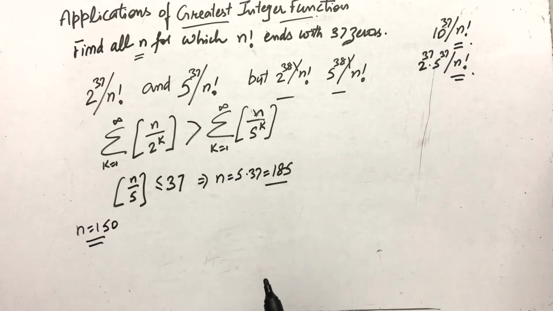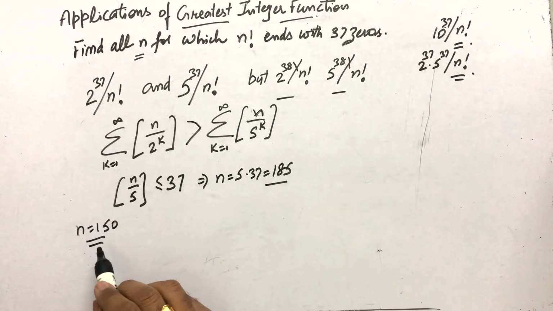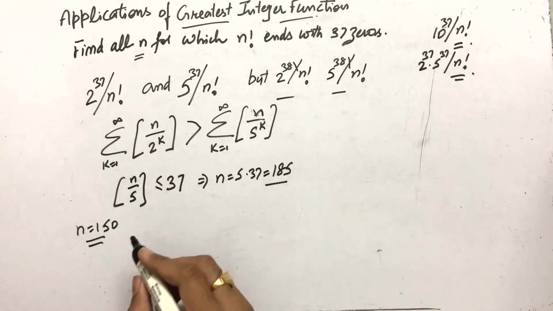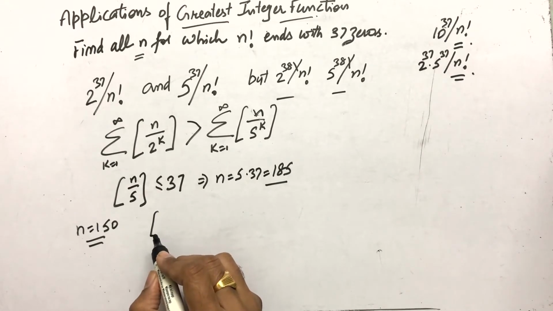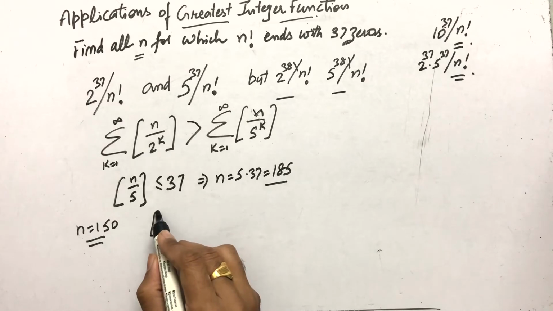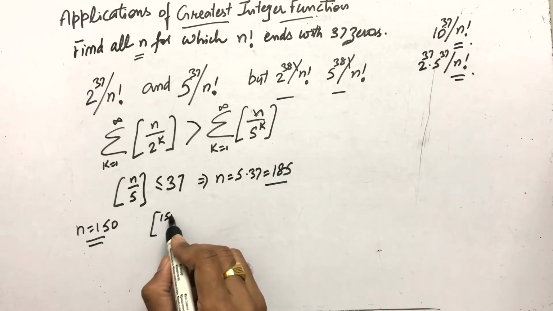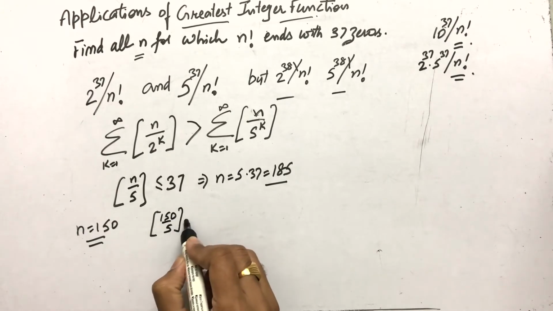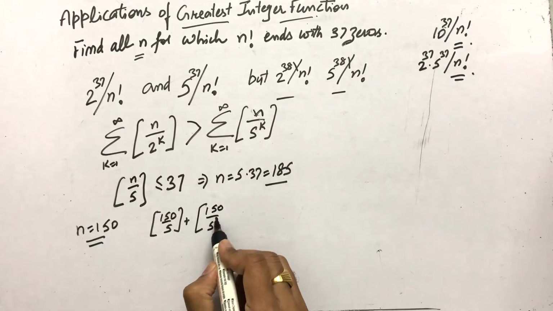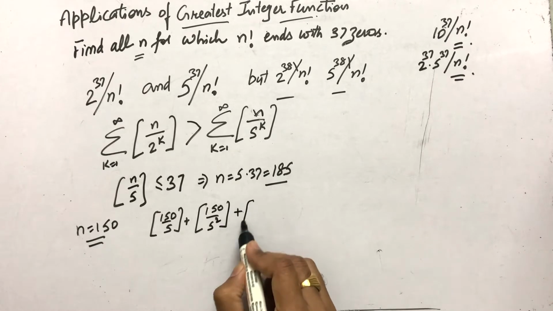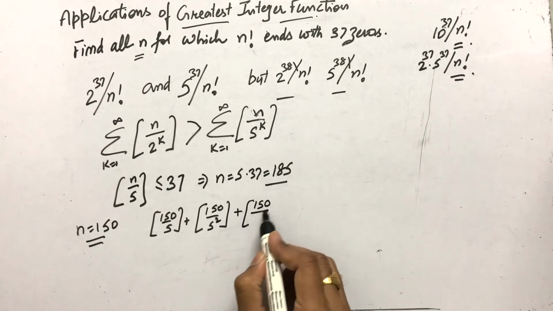Let us try to find what power of 5 divides 150 factorial. That is 150 by 5 plus 150 by 5 square plus 150 by 5 cube.